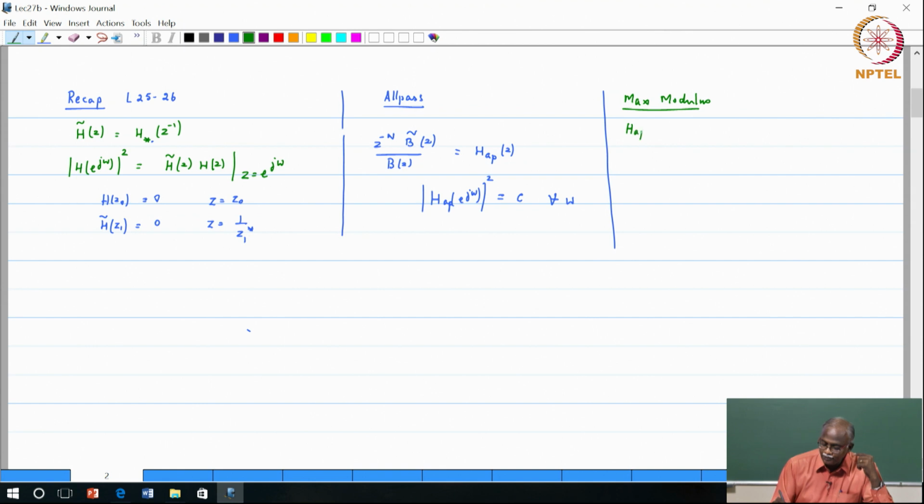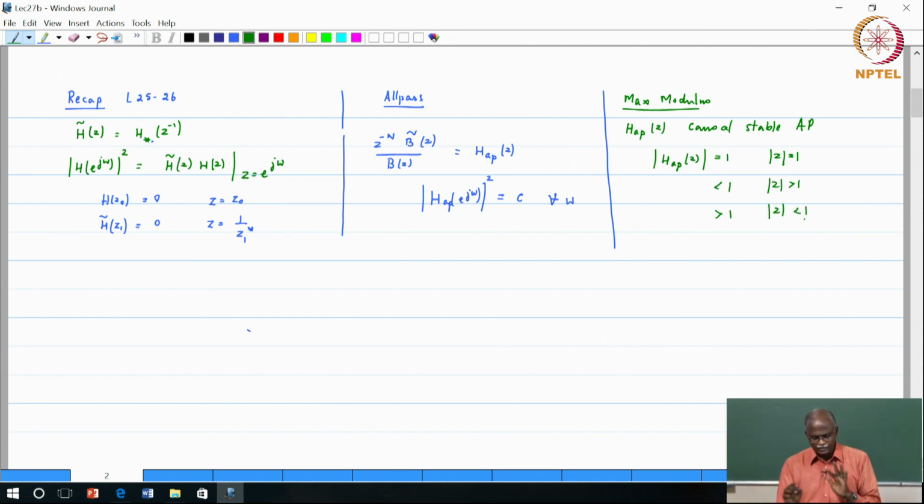Basically, if h ap of z is a causal stable all pass function, then we can say the following: magnitude of h ap of z equal to 1 on the unit circle, less than 1 for points outside the unit circle, greater than 1 for points inside the unit circle. Again, this we saw actually helped play a role. So, these are some concepts that we have worked with.